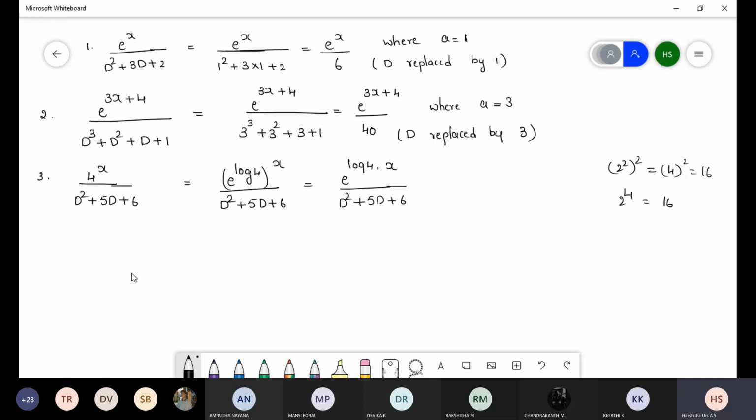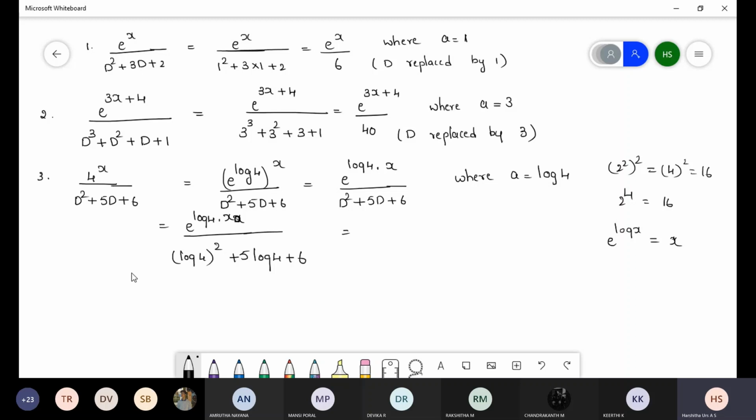So again, what is our a value? Log 4. So D should be replaced by log 4. So log 4 whole square plus 5 log 4 plus 6. So again e power log 4. We have the formula e power log x is equal to x.